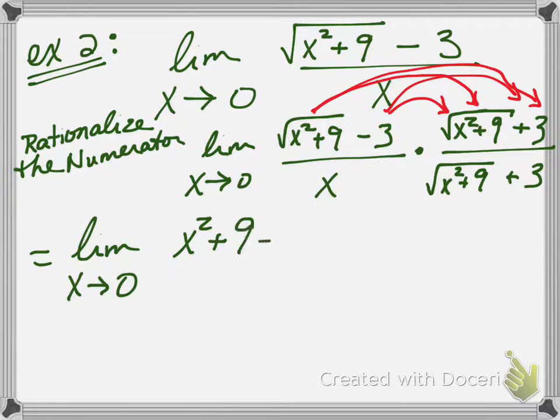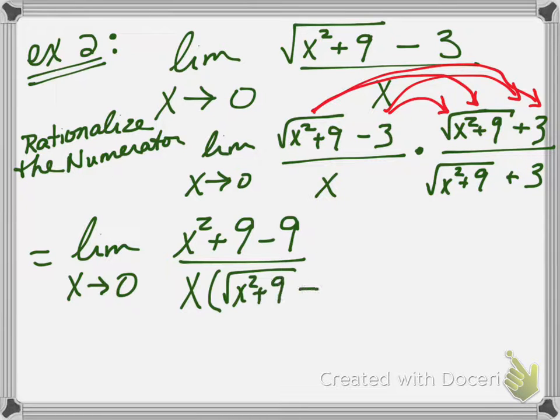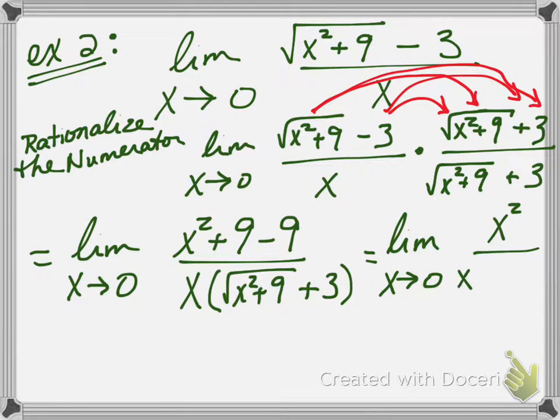And so our expression simplifies to the numerator being x squared plus 9 minus 9, and our denominator is just x times the square root of x squared plus 9 plus 3, and our numerator just simplifies to x squared. And I see that there is a common factor of x in the numerator and the denominator.